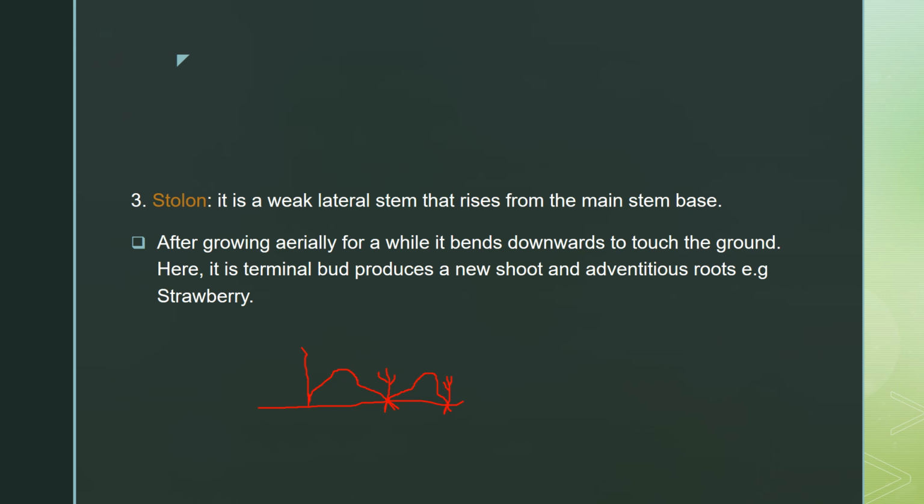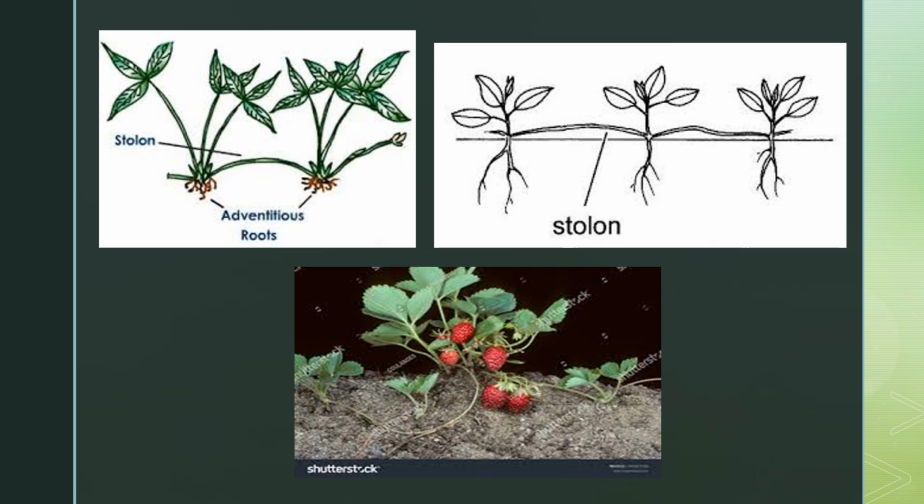This type of subaerial stem, the stolon, we can find in the strawberry plant. Like in the picture, it's a stolon.